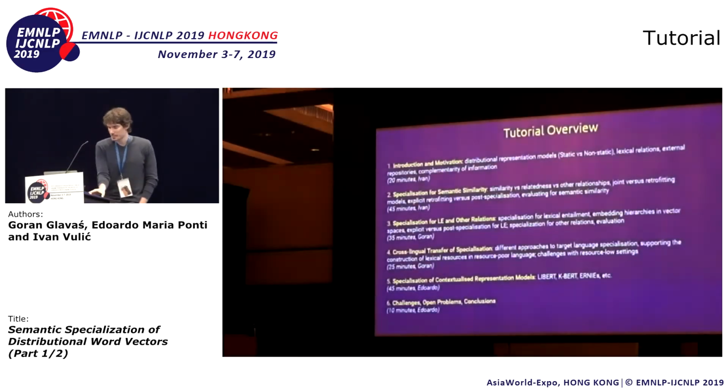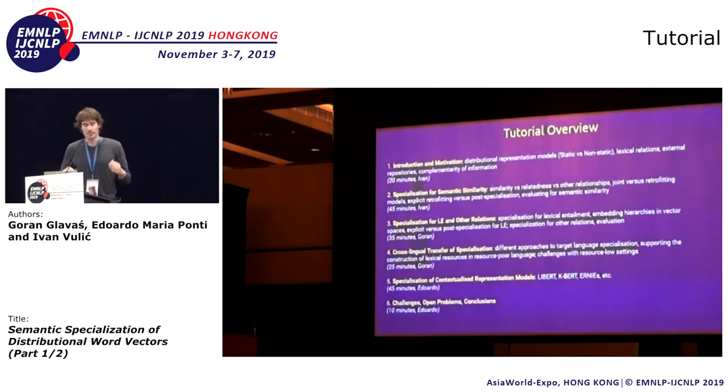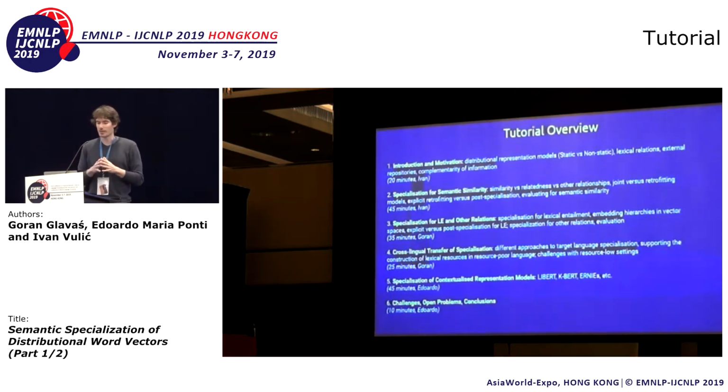Okay, so that concludes this part of introduction and motivation. And now we move towards the actual specialization work. We'll now give a brief overview of the current research thread that specializes. We're still talking about static word vectors, so think of Word2Vec style for semantic similarity.